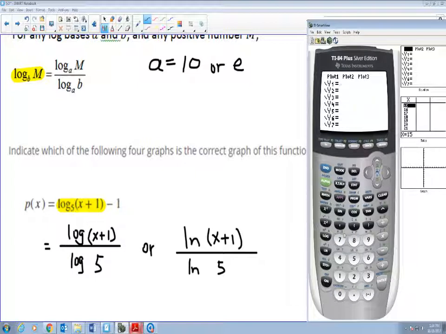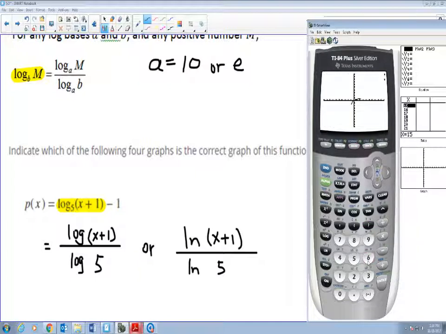So when I press log, it's automatically one term. Log of x plus 1, close parenthesis for my x plus 1, divided by log of 5, close parenthesis. For y2, I'm going to type in natural log, using a base e, of x plus 1, close parenthesis for the x plus 1, divided by natural log of 5.